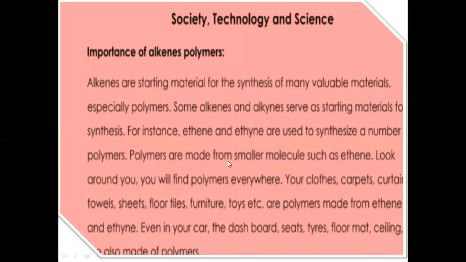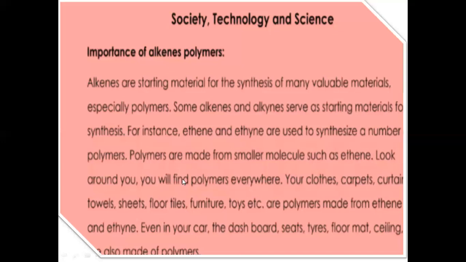Polymers are made from smaller molecules such as ethene, and then they combine together to form polyethylene, which are the plastic bags which we are using on a daily basis. So polythene bags or plastic bags are made up of ethene.